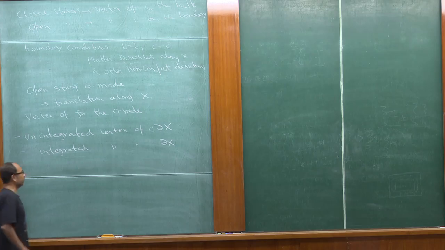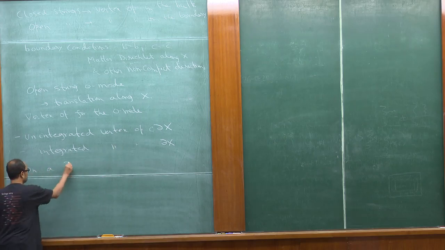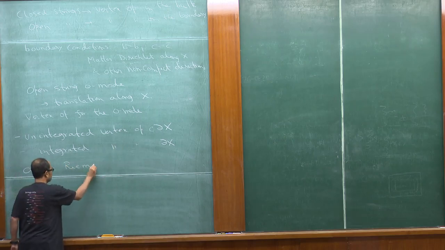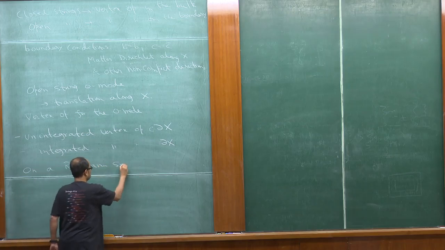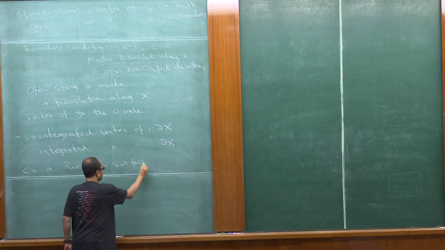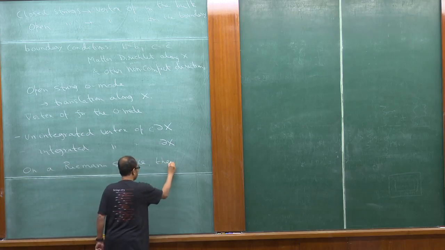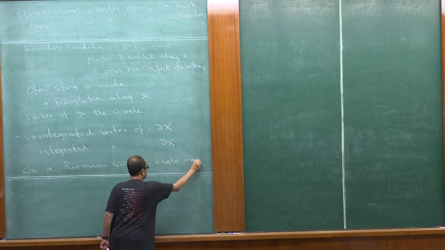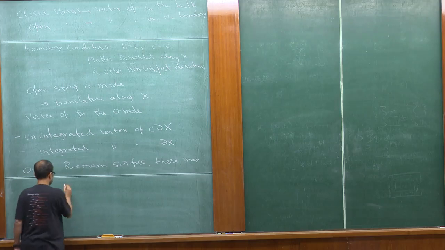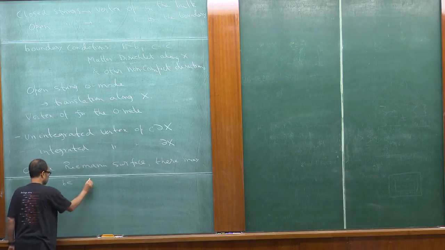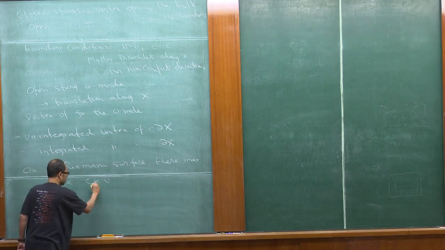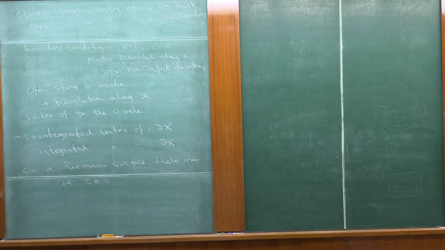Okay. And the way we make use of these is the following: if you take a Riemann surface, then there may be conformal Killing vectors, CKV. So, these stand for conformal Killing vectors. These are like Killing vectors, but up to conformal transformation.